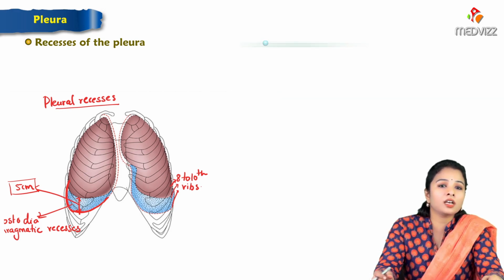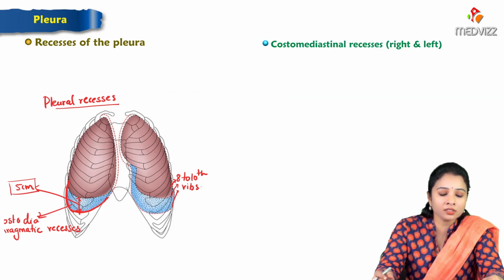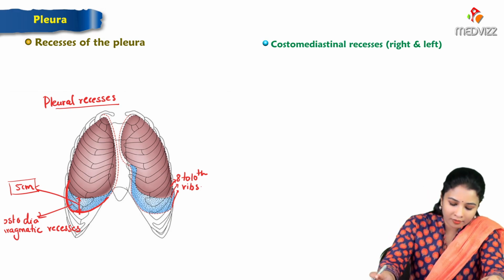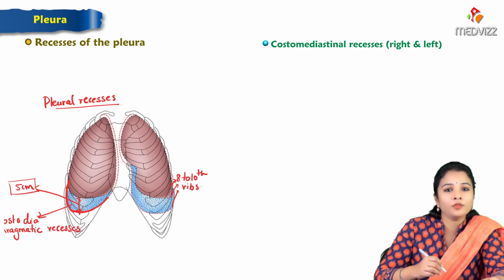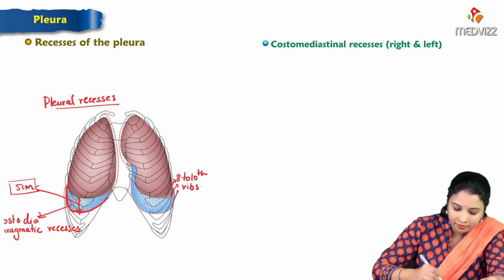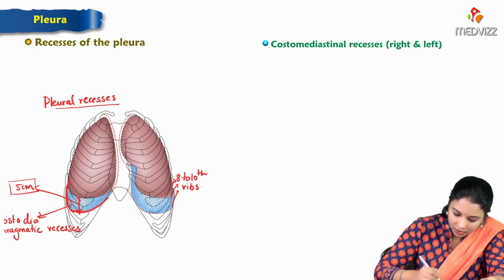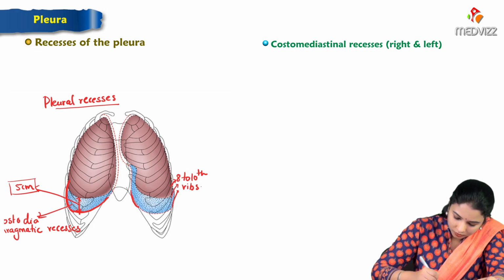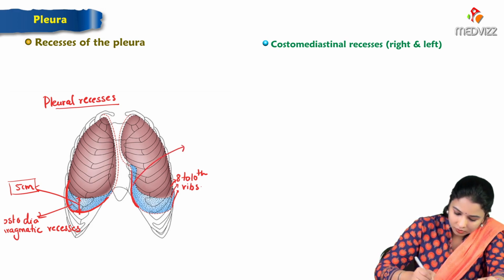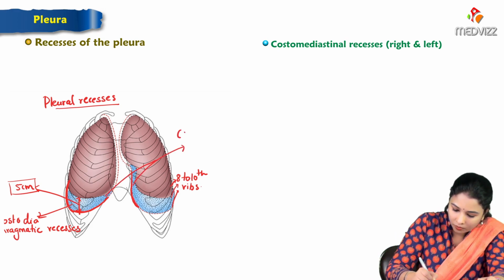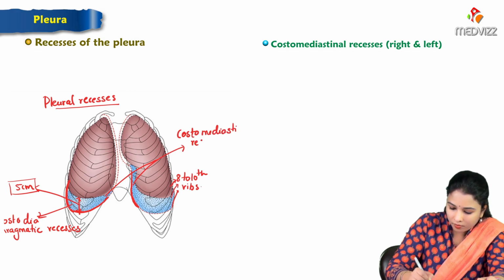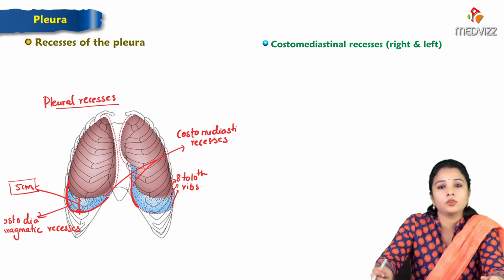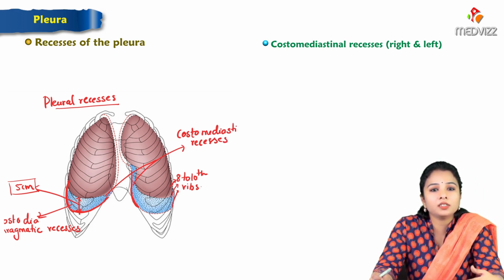The next recesses are the costomediastinal recesses. There are also two, right and left costomediastinal recesses, which are present on the medial side. So this is the costomediastinal recess.